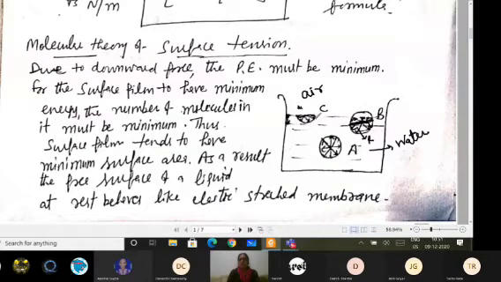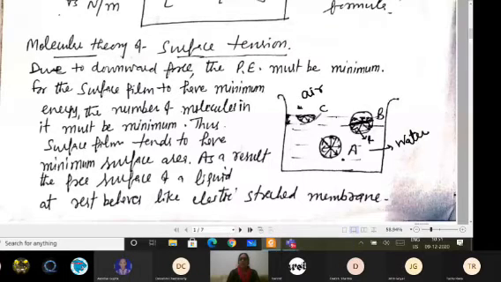So only the downward forces are acting. So what is happening actually, if supposedly I want to bring a molecule from here to the upper surface, then I have to work against these downward forces. And that work done is being stored as the potential energy.